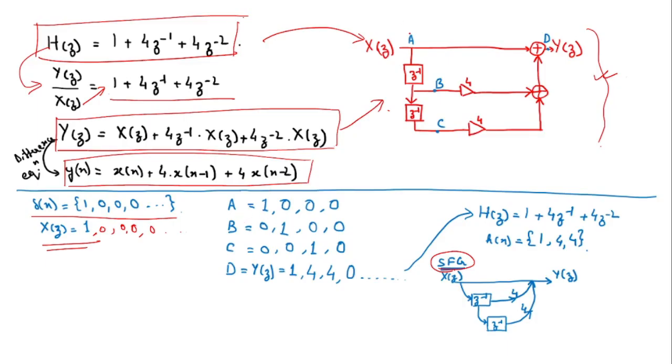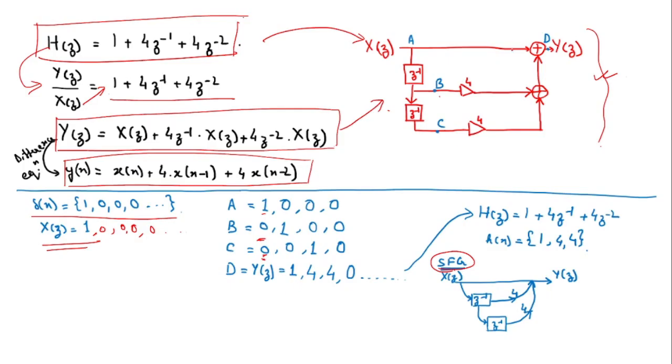Here at capital A position, at n equals 0, we will have 1, and this will come to the D. At locations B and C, there are no values, because B is taking its value from the previous instance and C is taking its value from 2 times the previous instance. Those are 0. So from A we get 1, B has 0, and C has 0.